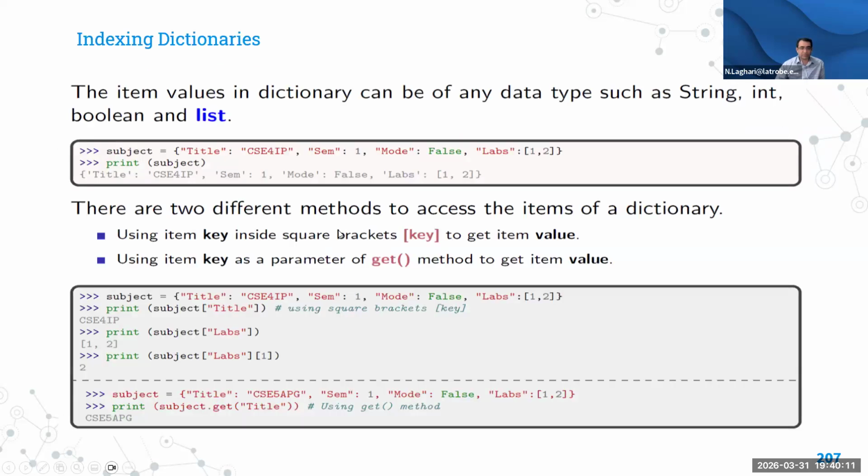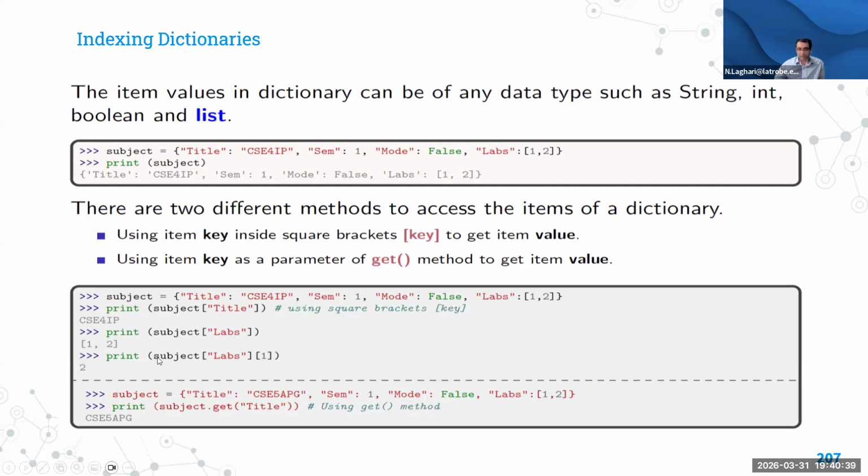For example, we have this subject: title CSE 4P, semester 1, mod is false, and labs 1 and 2, that is a list. We say print subject, it'll be printing the whole thing. Okay, and now we say print title. So it'll be printing the value of the title. We are mentioning the key. Okay, and we have mentioned the labs.